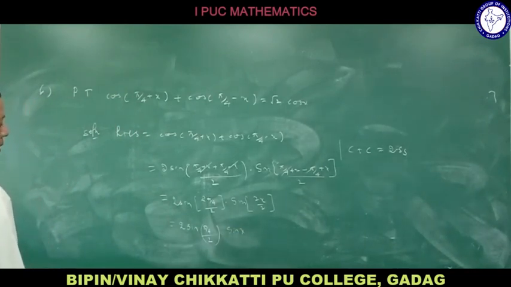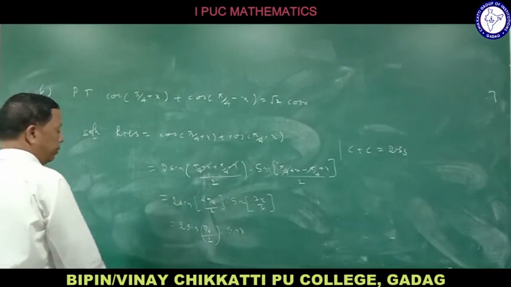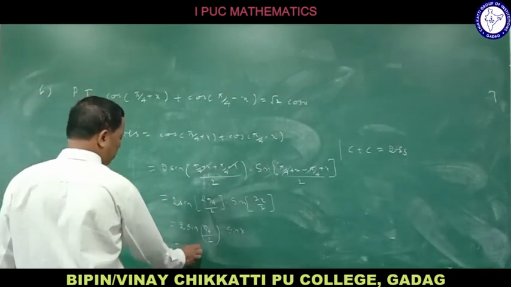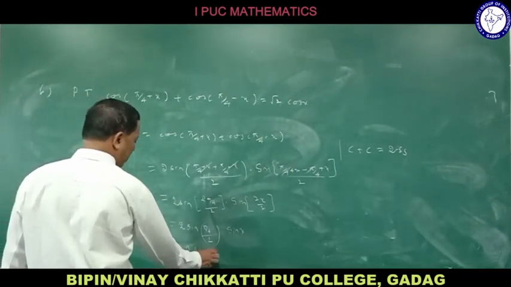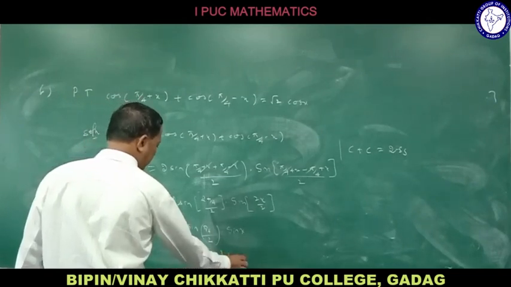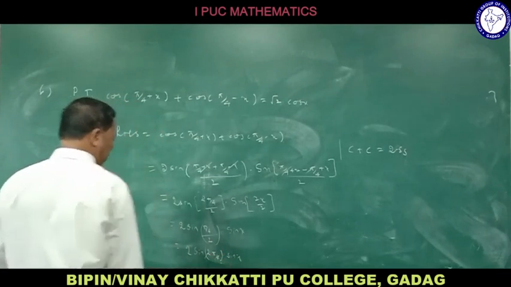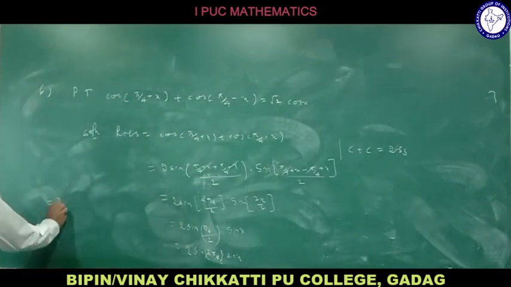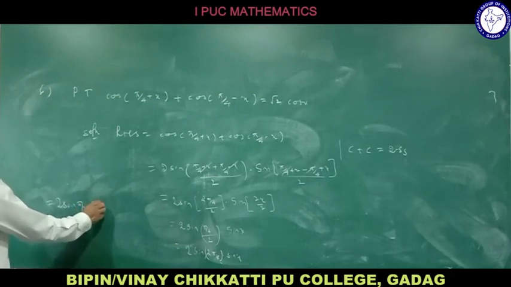This is 2 sine 2 into pi by 4, divided by 2, into sine x. So 2 ones are 2, 2 twos are 4, and we find 2 sine pi by 2 into sine x.